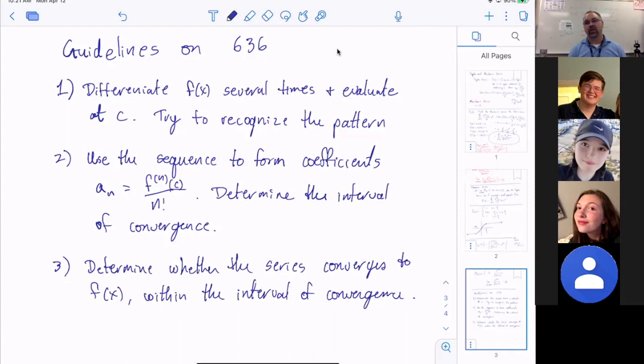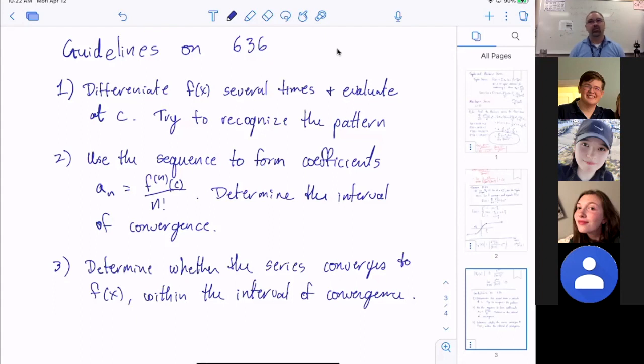Usually that interval of convergence is going to come from the ratio test. It's not like the power series we wrote before where we were using geometrics. You might get lucky and see one that's a geometric, and then by all means use the geometric stuff.